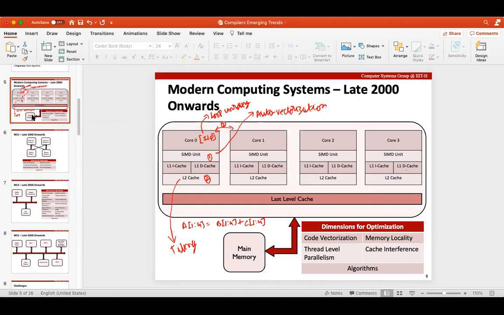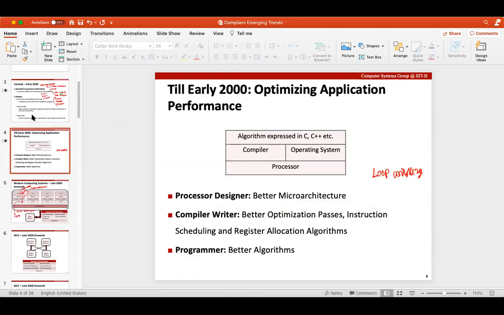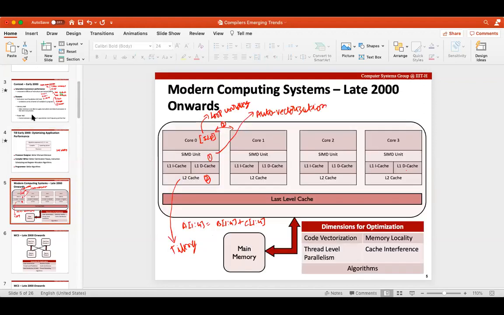So what we are saying is we start with a single processor system. This is where we start with a system with only one core, and then we go to a system with multiple cores. Each core will have its own SIMD unit, and it has its cache.